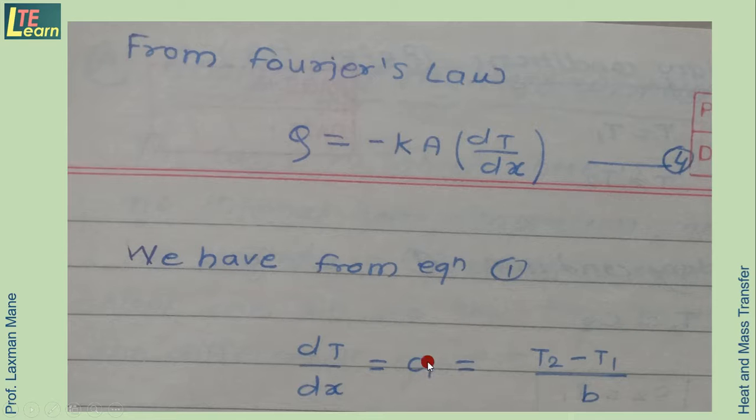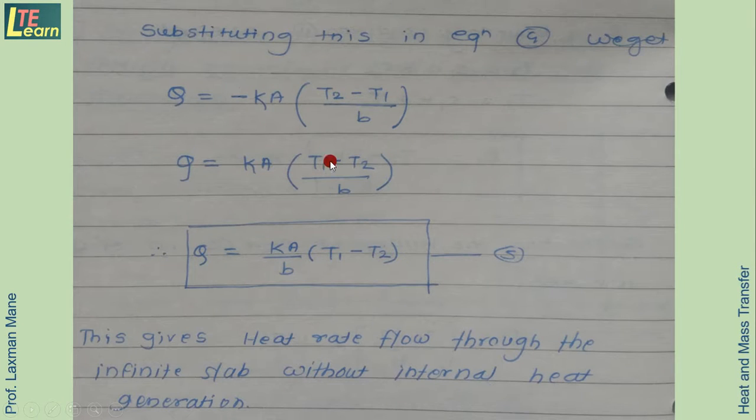So putting dT by dx in equation 4, we get this. Now this minus sign, if we take it outside, then this minus sign and this minus sign will get cancelled, and we will find this equation with T1 minus T2 by B.